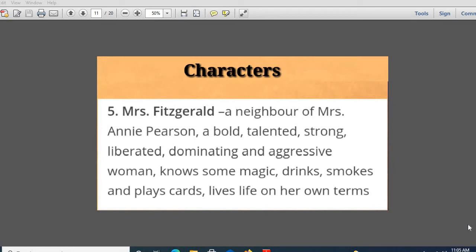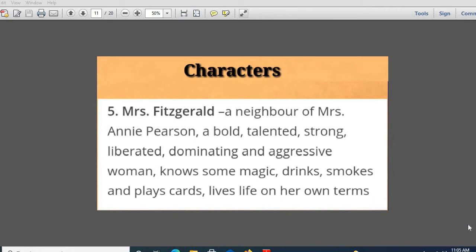When the magic is performed by her, personalities change bodies. At that time, you will notice that Mrs. Pearson will imbibe the character of Mrs. Fitzgerald, and Mrs. Fitzgerald will imbibe the character of Mrs. Pearson.